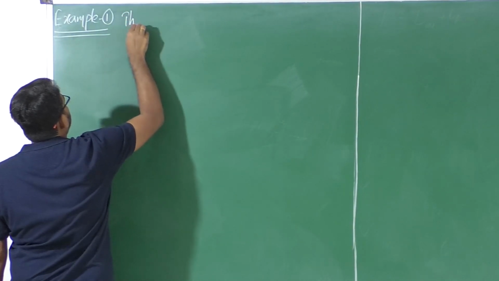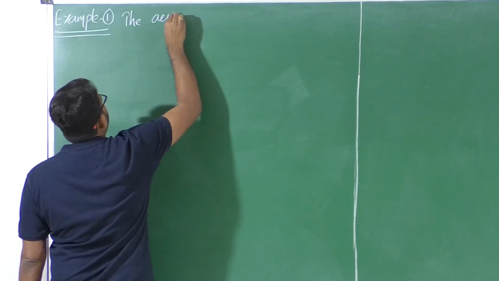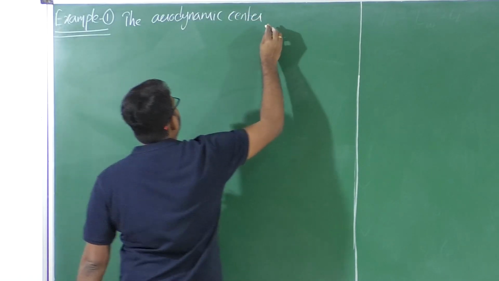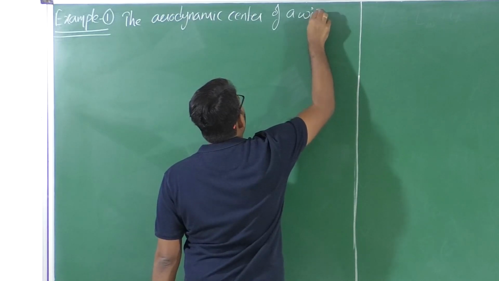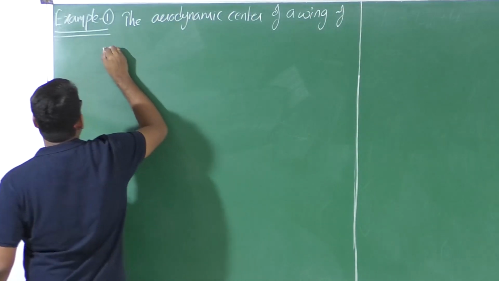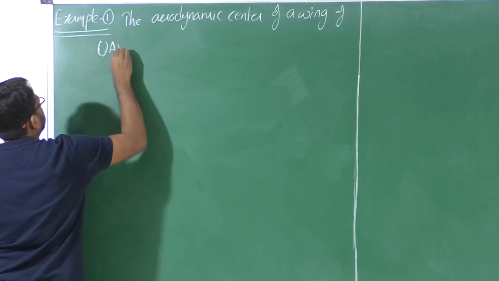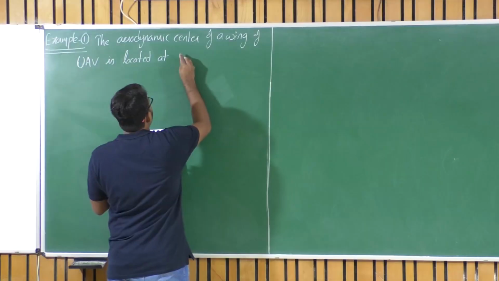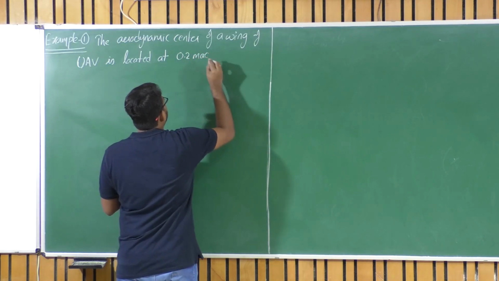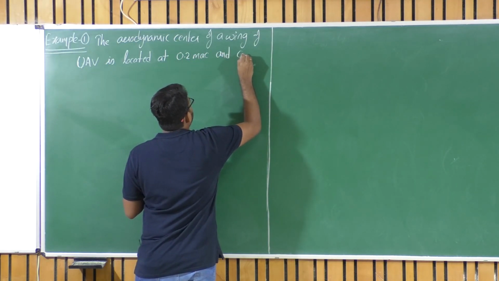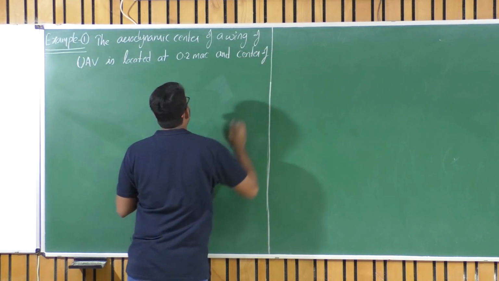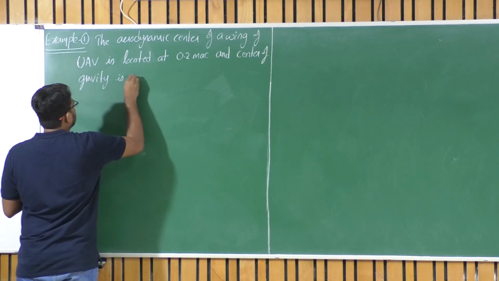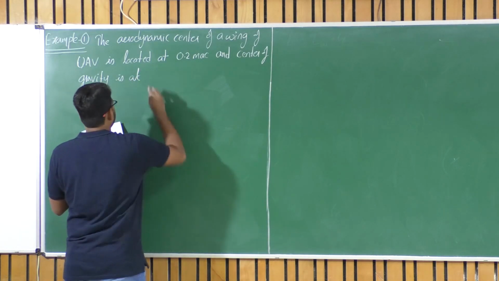So the aerodynamic center of a wing of a UAV is located at 0.2 MAC and the CG, or center of gravity, is at 0.25 MAC.